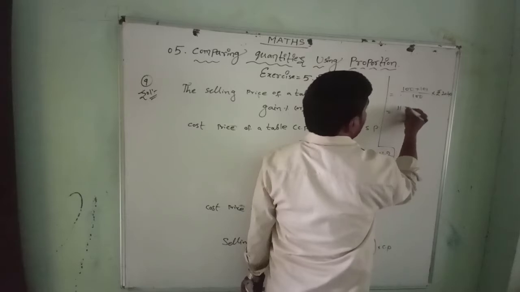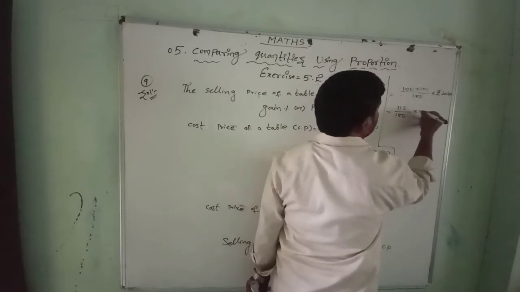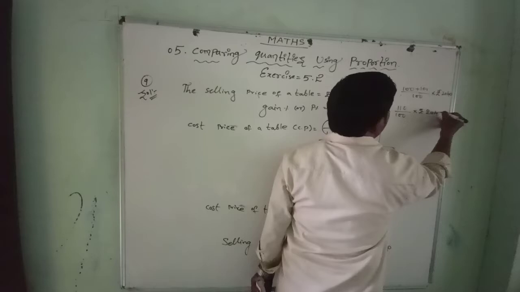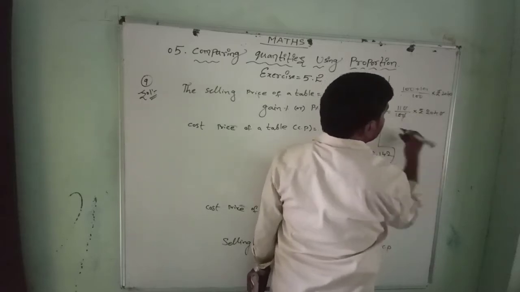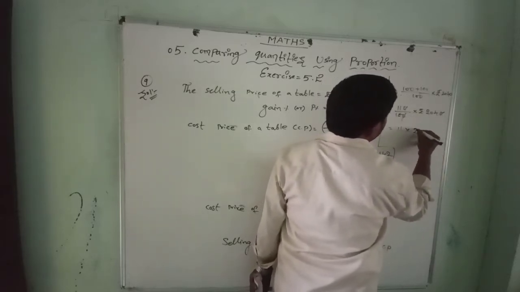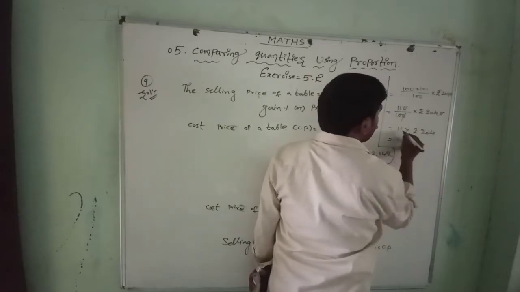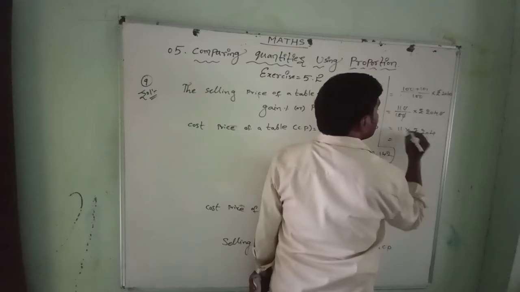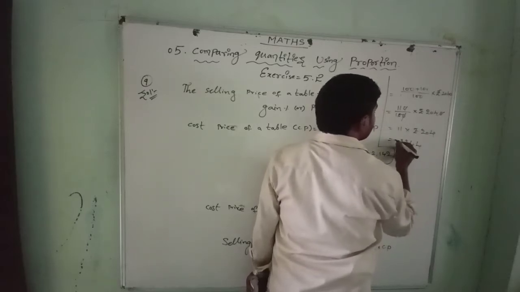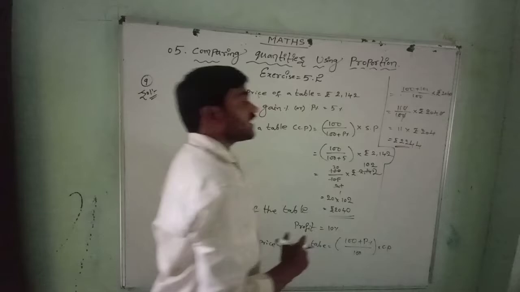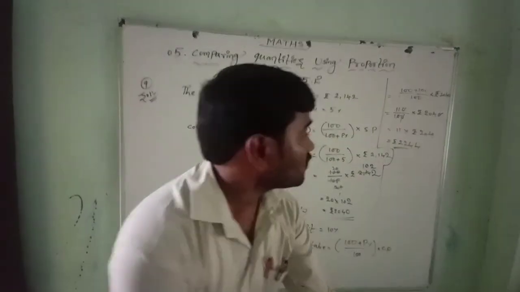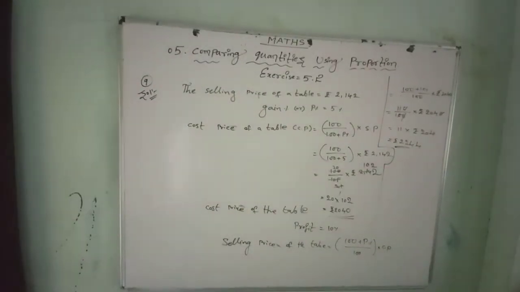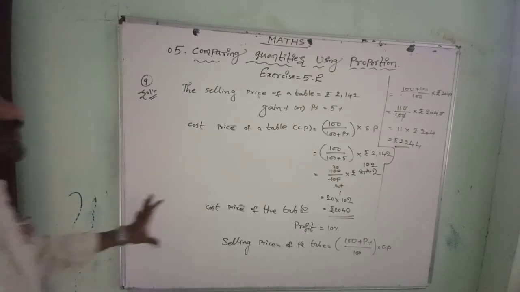That means 110 by 100 into rupees 2040. The tens cancel. 11 into 204: 11 fours are 44, 4 carry, 11 zeros are 0 plus 4 is 4, 11 twos are 22. That means if you want to get 10% profit, you have to sell it for 2244 rupees.